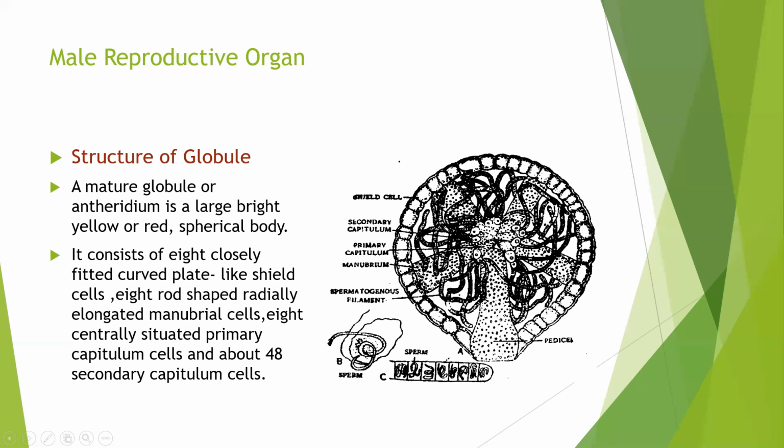It consists of 8 closely fitted curved plate-like shield cells, 8 rod-shaped radially elongated manubrial cells, 8 centrally situated primary capitulum cells, and about 48 secondary capitulum cells.